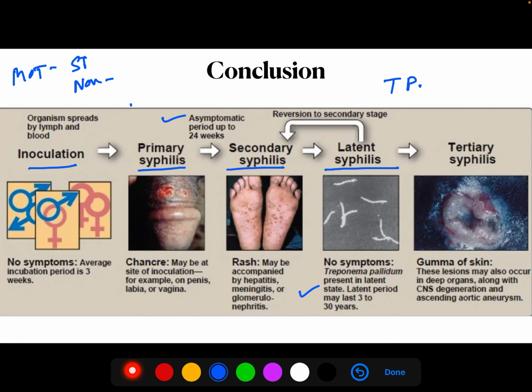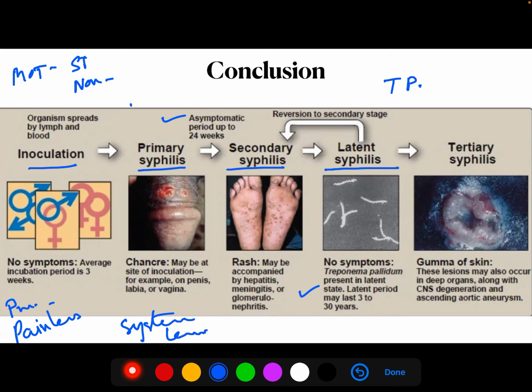The main thing which you have to keep in mind is that primary syphilis is characterized by painless chancre. Then secondary syphilis is characterized by systemic lesions, that is rashes, then mucocutaneous lesions or condylomata lata and mucous patches.